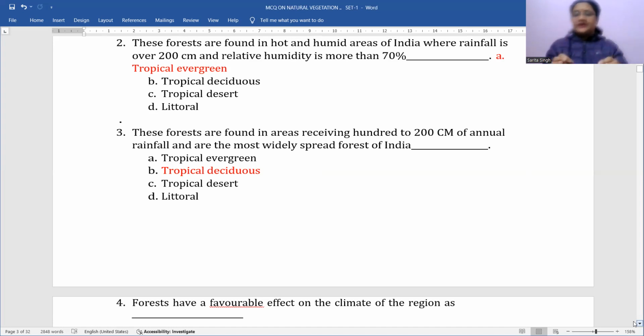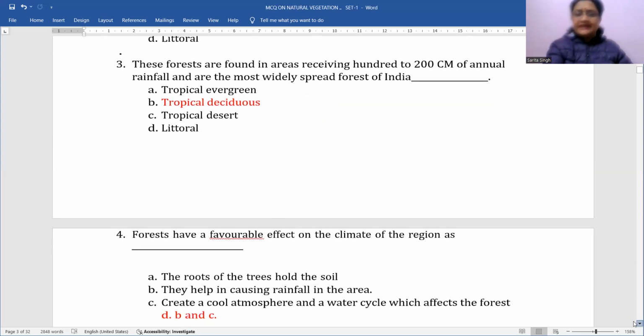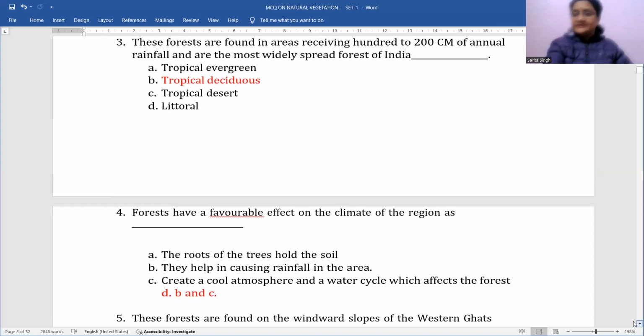Okay, and this is why because of seasonal rainfall, the type of vegetation we find there is tropical deciduous. Okay, so tropical deciduous type of forest, एक इसकी quality क्या होती है? They shed their leaves in the dry season.